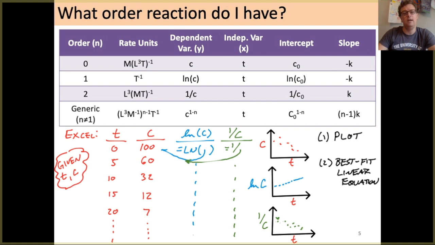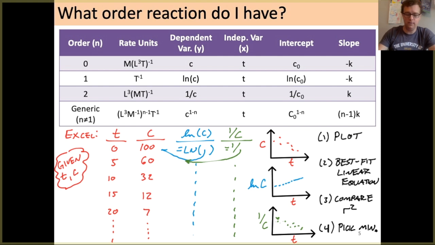With those three plots made, you can do a best fit linear regression on each of those. You can look at the goodness of fit, for example, the R squared, and whichever one of those three plots is giving you the best fit representation, or the linear equation with the least error, that's the one I would pick. In the doodles I've made here, shown in light blue, the natural log of concentration would have the best linear fit with the least amount of error.